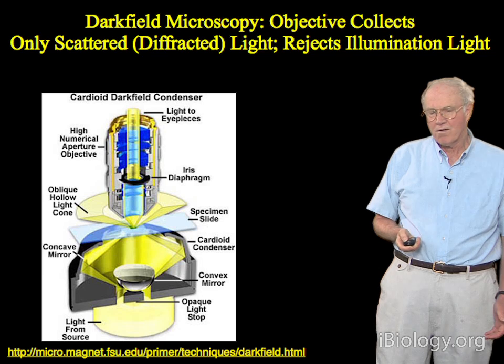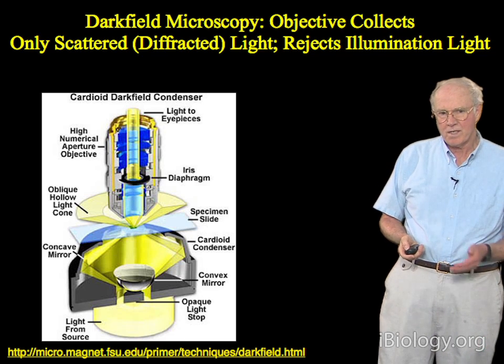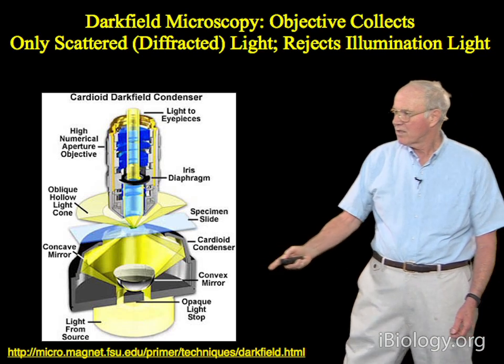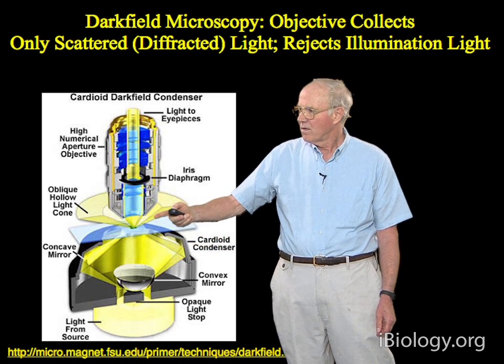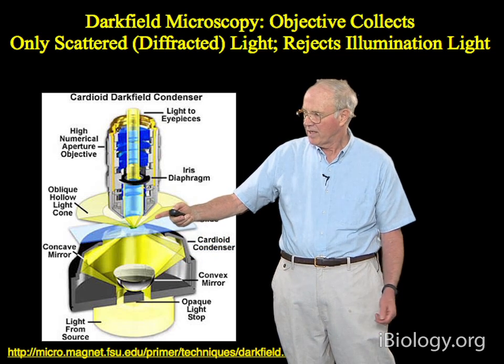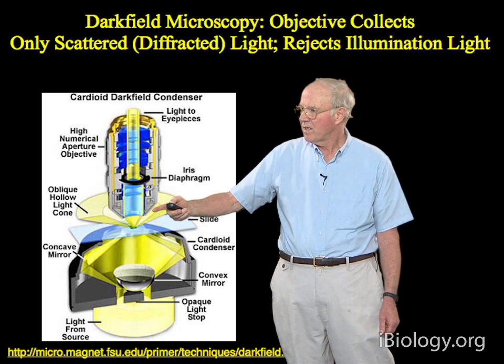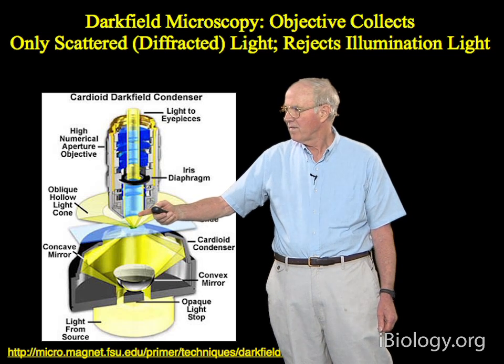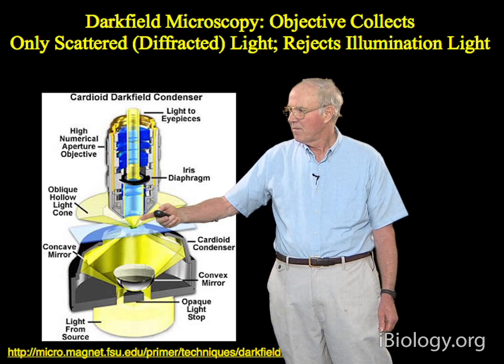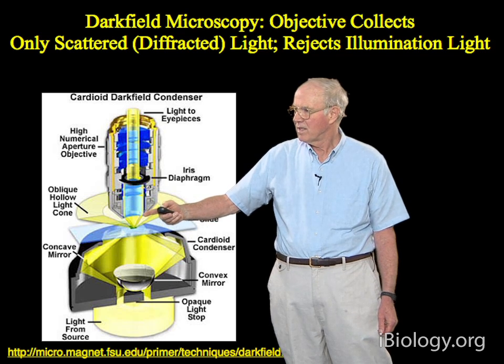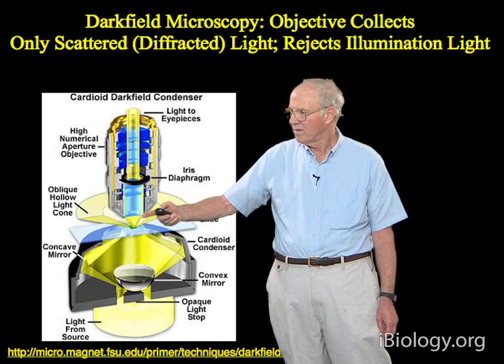Now, in dark field microscopy, one way to get contrast for that transparent specimen is to illuminate the specimen with a cone of light whose aperture, or the angle of the cone of light, is bigger than the angle of the scattered light that can be collected by the objective, the so-called objective aperture.